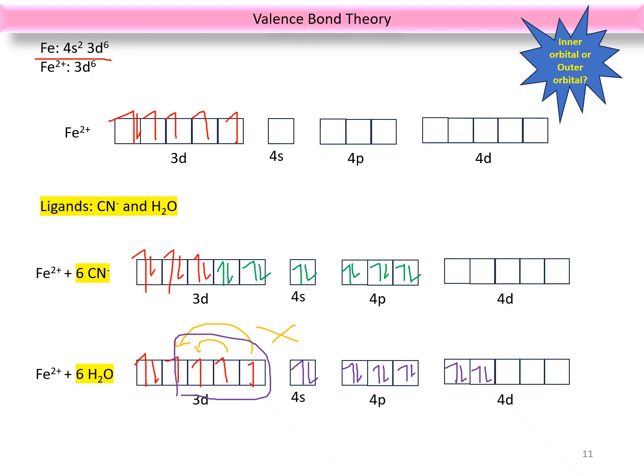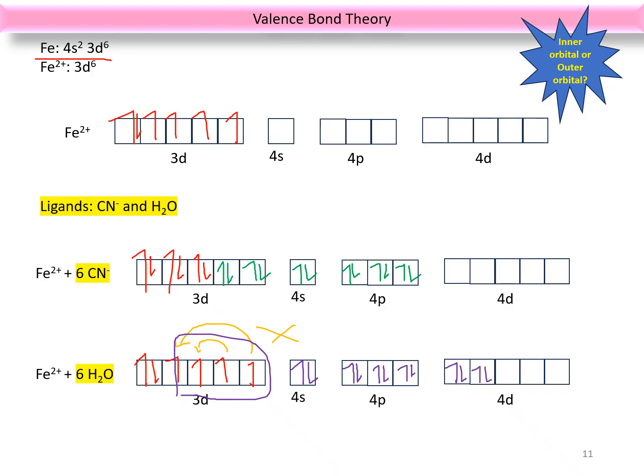Is this an inner orbital or outer orbital hybridization? Since the electrons contributed by water do not fill in the empty spaces of the metal's d orbital, instead they fill in the 4s orbital onwards, up to the 4d orbital and not the 3d, this is known as outer orbital hybridization.